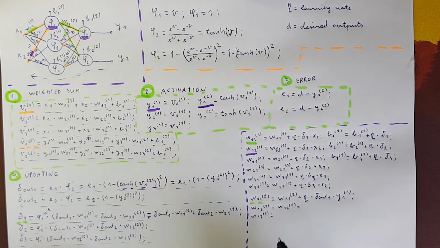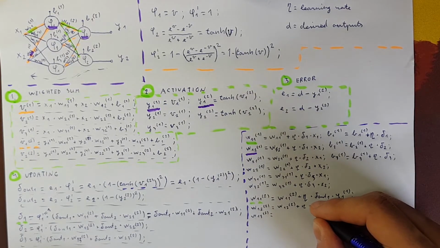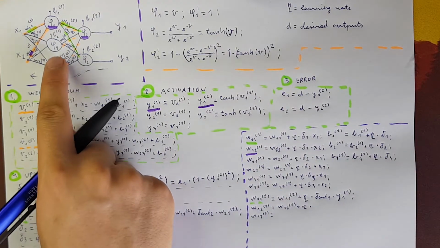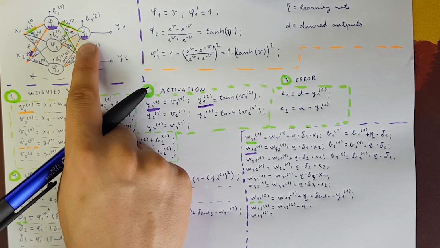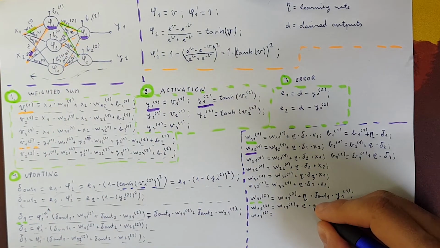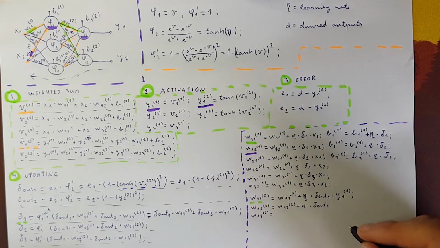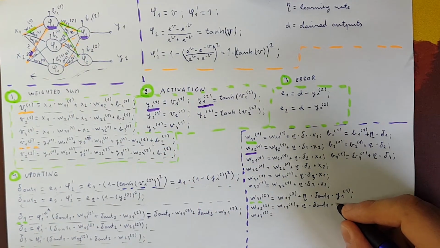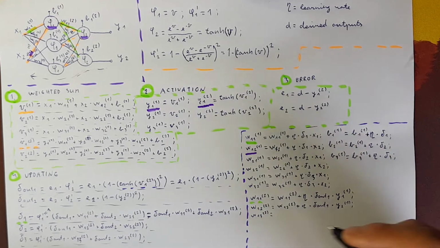So W1,2 of the second layer would be, we add a learning rate, which is multiplied by the corresponding delta of that neuron. So since this is the first neuron of the second layer, still delta out 1, and we multiply it by the corresponding input. So this from the second neuron, so it would be y2 of the first layer.